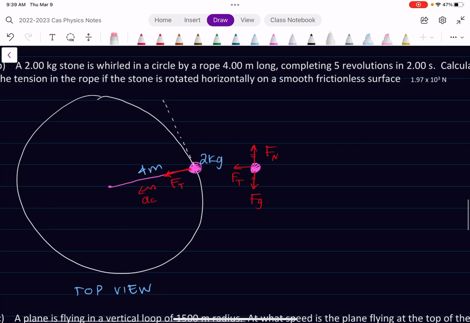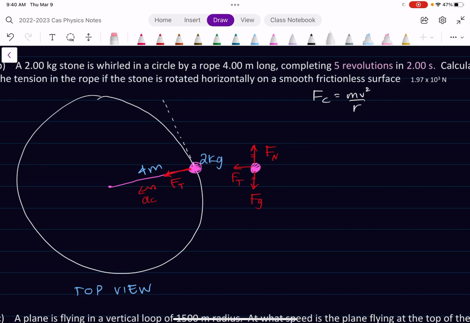And in this question, we have things like 5 revolutions and 2 seconds. So the idea here is that we have our 3 equations. In this case, FC equals mv squared over r might not be the most convenient one to use.